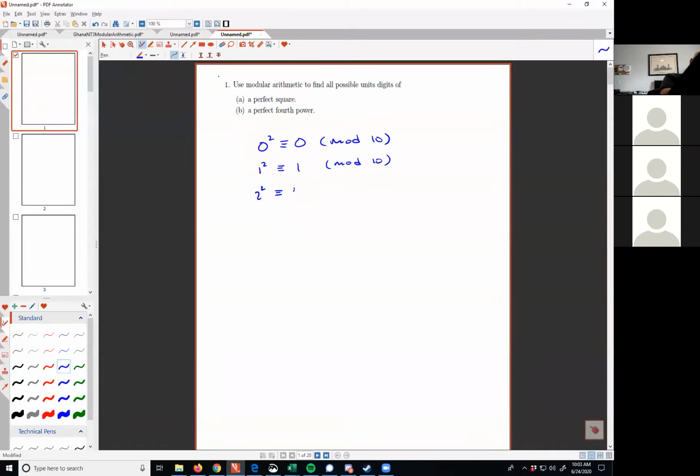They either end in 0, 1, or 6 or 9. Whoever that was, is that Telvin? I could barely hear you. Can you move closer to the microphone? They either end in 0, 1, 4, 6 or 9. You're close. It's either 1, 4, 5, 6, or 9. Or 0. But we do have to include 5 in there.